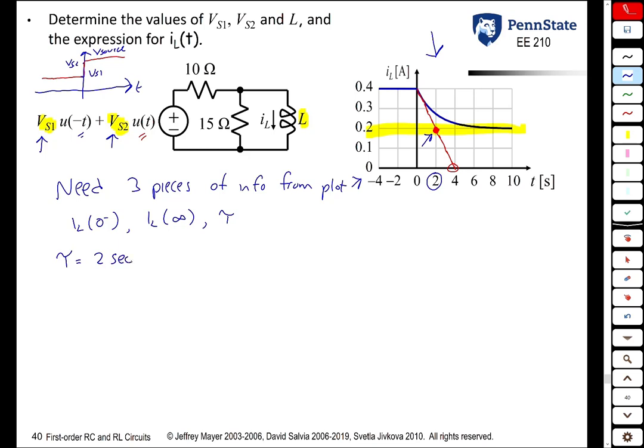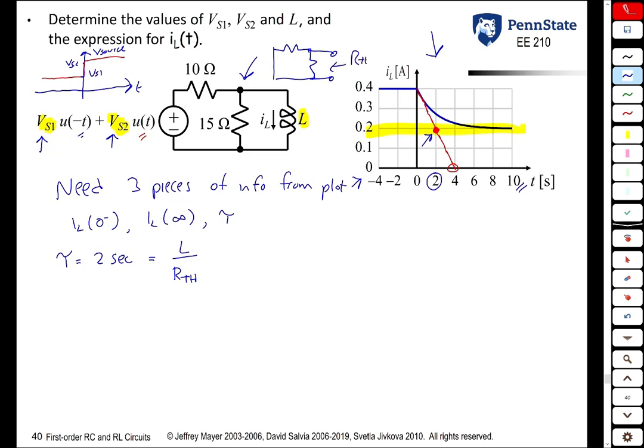We could also get that from looking at how long it takes to settle to its new steady state value. It takes 10 seconds, which should be 5 times the time constant. For an RL circuit, the time constant is L divided by the Thevenin resistance seen by that inductor. So if you look at this circuit here and look at the Thevenin resistance, remember to find the Thevenin resistance, you set voltage source equal to 0, current source equal to 0.